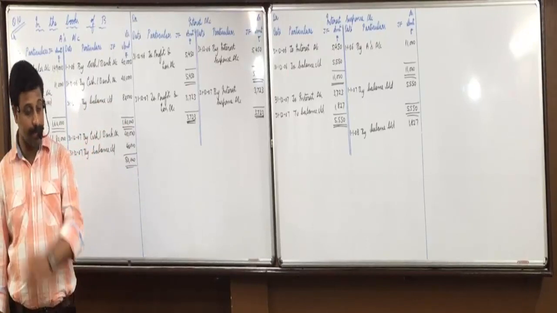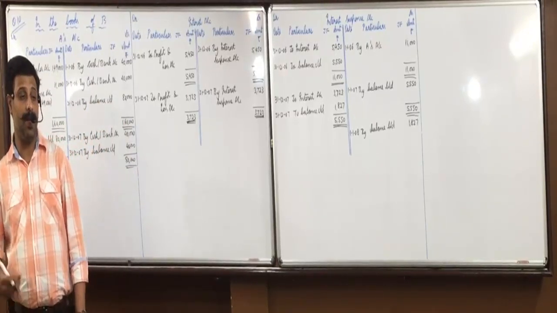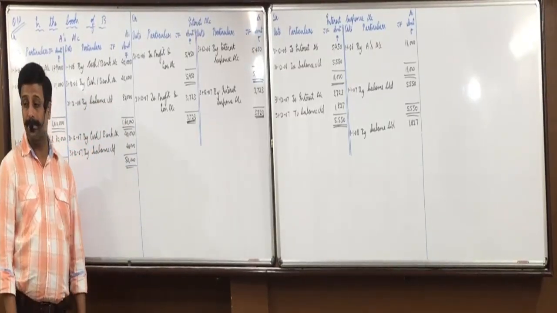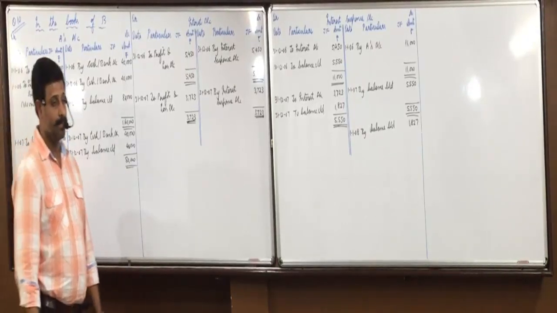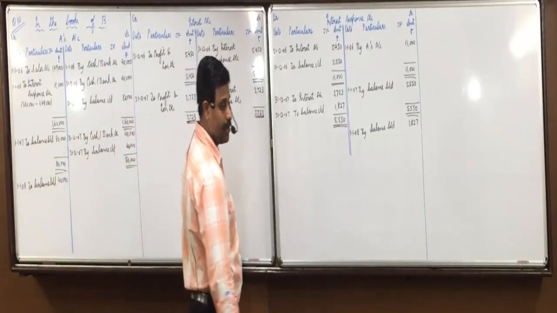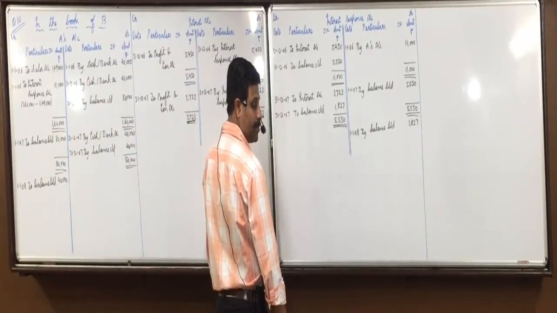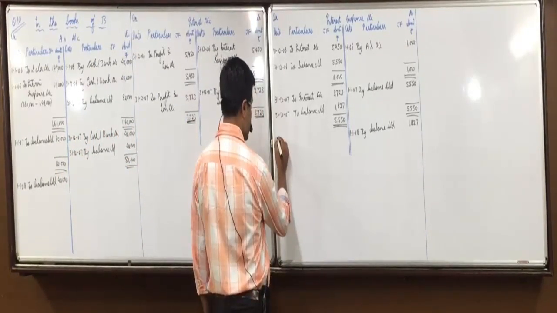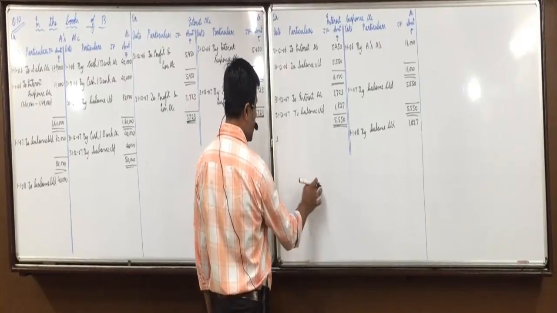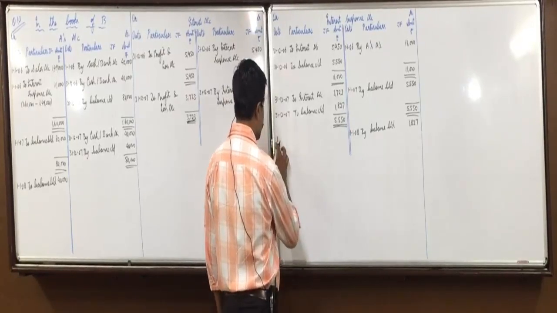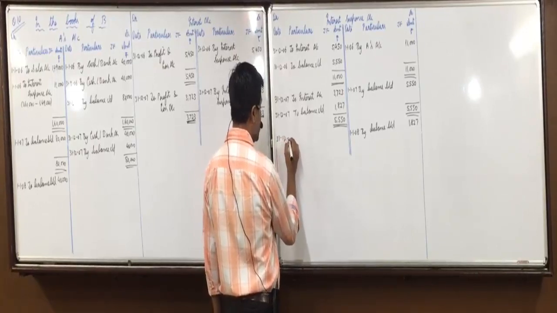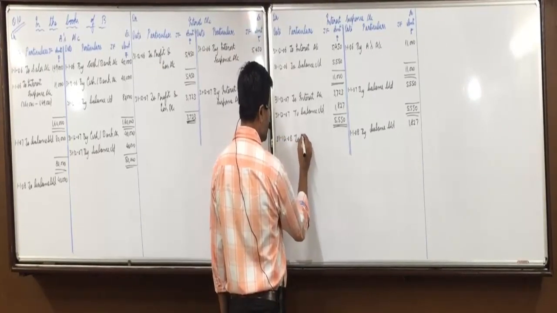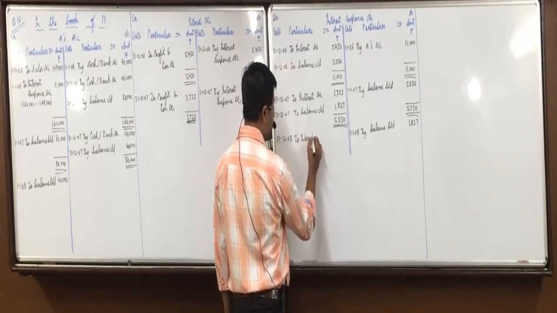Then, last year. Interest suspense account debit to interest. Interest suspense account debit side, date 31/12/08, 1827 to interest account.